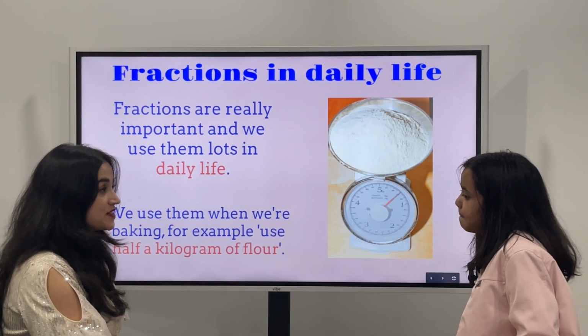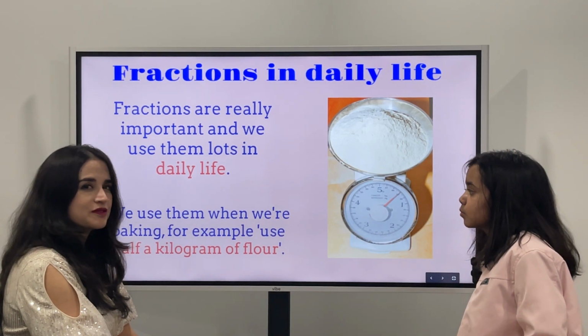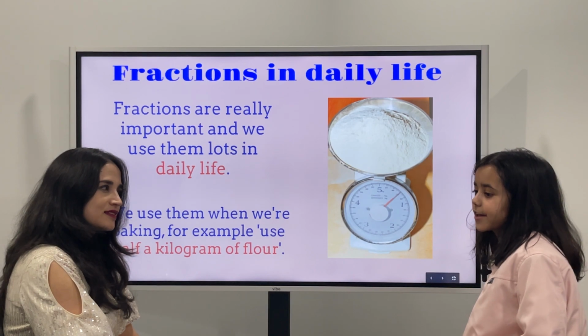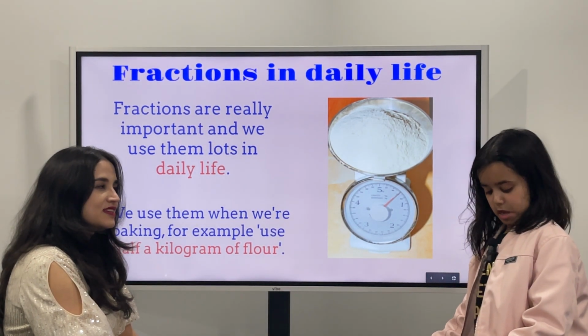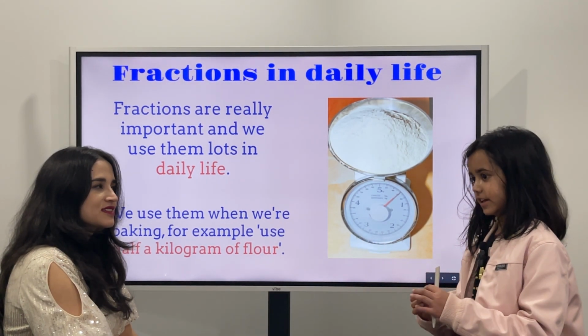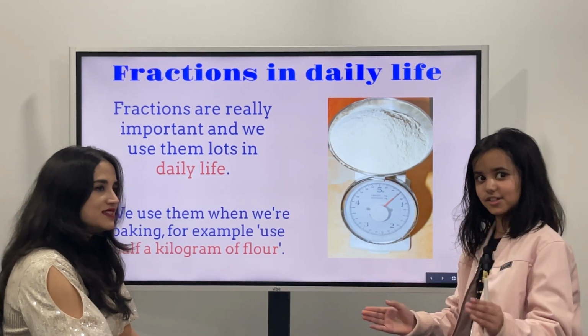It's actually fractions, right? And how do you use fractions in your daily life? I use it with my toys, sometimes. I separate them, like I have 4 toys, then I separate them into 2 groups, so like 2 and 2.